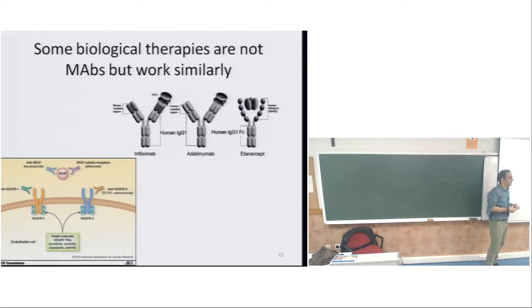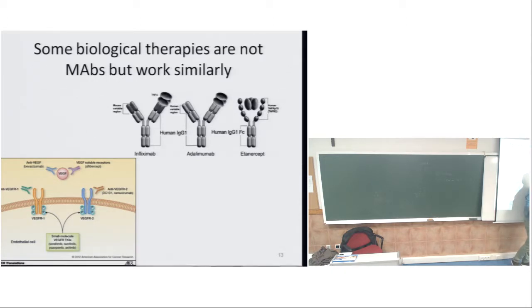You also have to think that not all biological therapies are monoclonal antibodies. These are monoclonal antibodies targeting tumor necrosis factor, but we also have others which are not monoclonal antibodies but also recognize TNF, tumor necrosis factor. You can see by the name that it's not a monoclonal antibody.